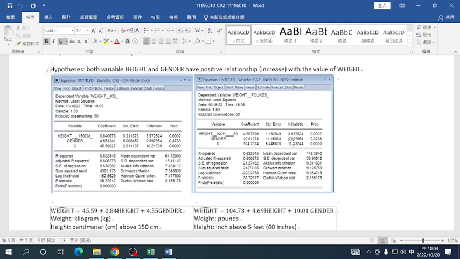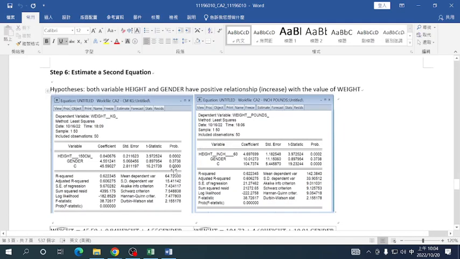So can you show this one? Oh, we don't have it. This is gamma. This 4.55 is this one, right? This one is centimeter, for kilogram and centimeter.